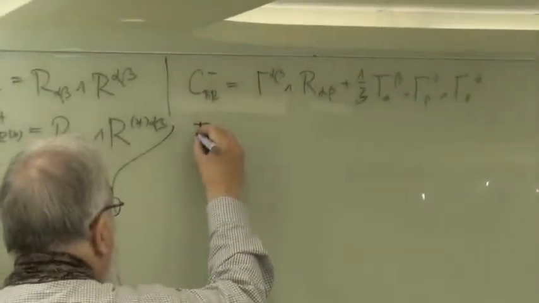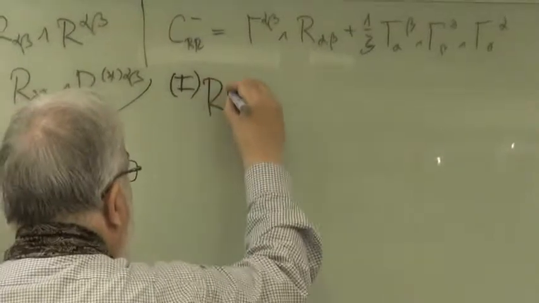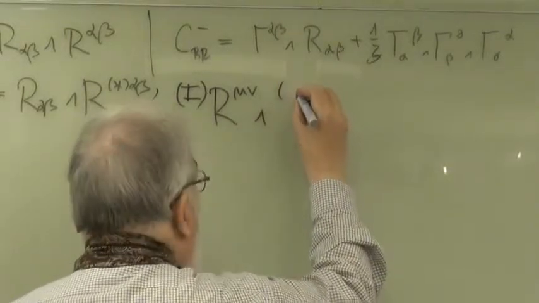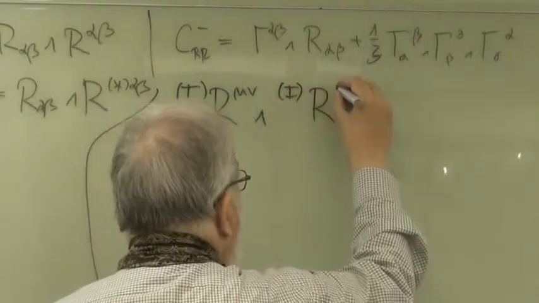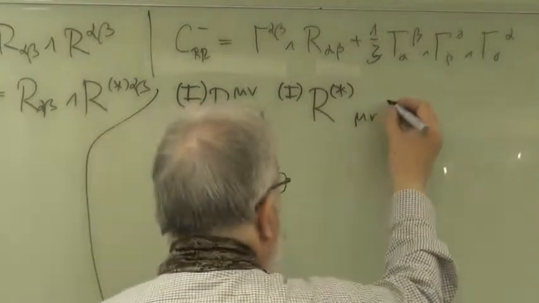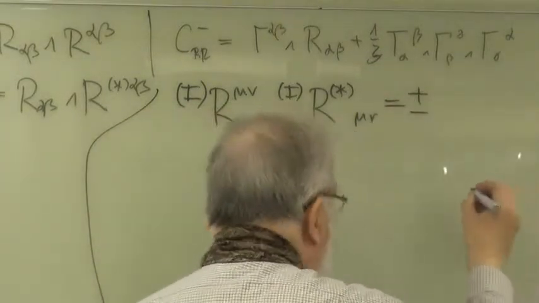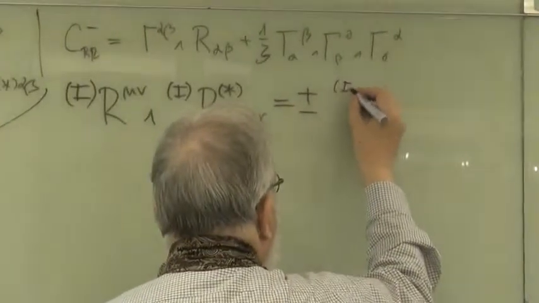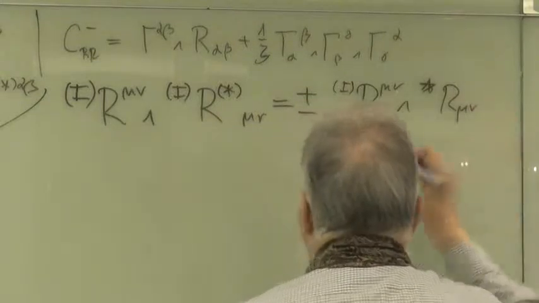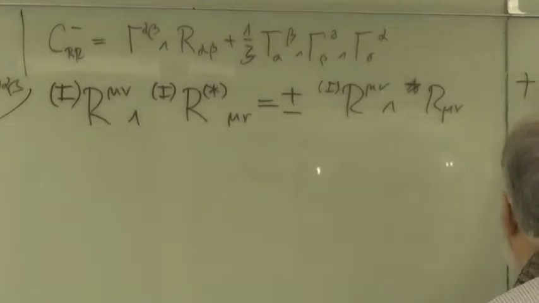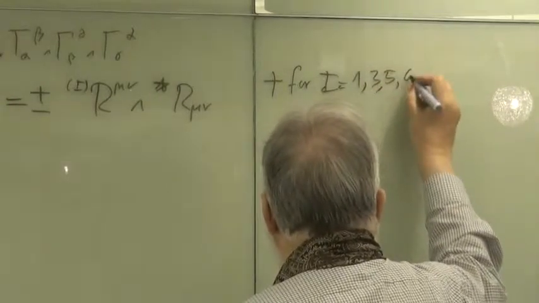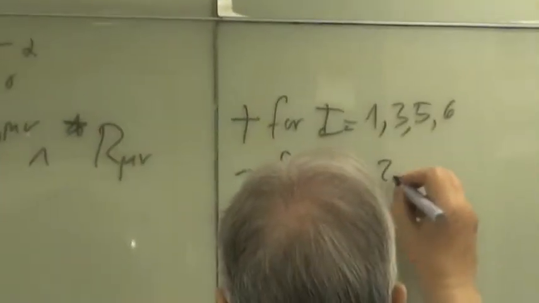So if you have the irreducible piece number capital I of R, and now the Hodge, the Lie star, the piece R^{(I)} ∧ (R Lie star)^{(I)}, now the calculation gives that this is plus or minus the same for the Hodge star, R^{(I)} ∧ Hodge star R^{(I)}, and the plus is for I equals 1, 3, 5, 6, and the minus for I equals 2 and 4.